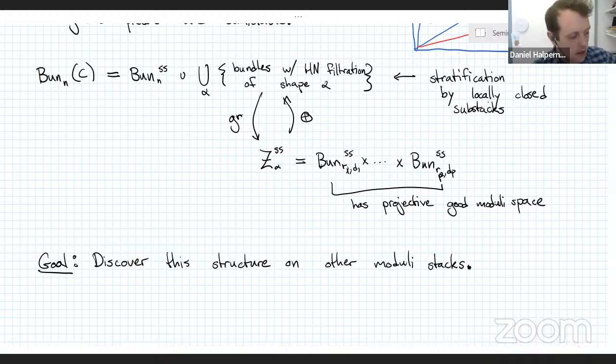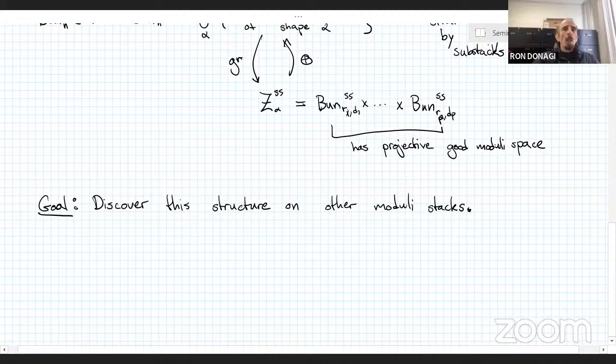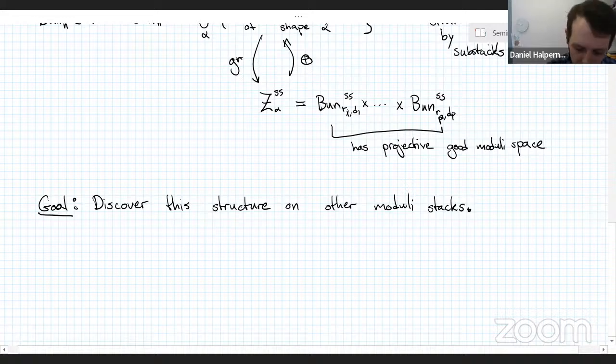There have been other interesting examples, like KLT Fano varieties, where a stratification of this kind has been constructed using some of this machinery. But I'm going to tell you today about an example that's of a lot of interest in enumerative geometry. My overall goal is to discover the structure, but I'm going to explain a specific application and hopefully motivate a way in which the structure is very useful.